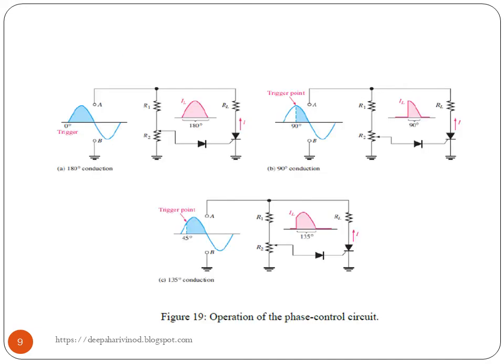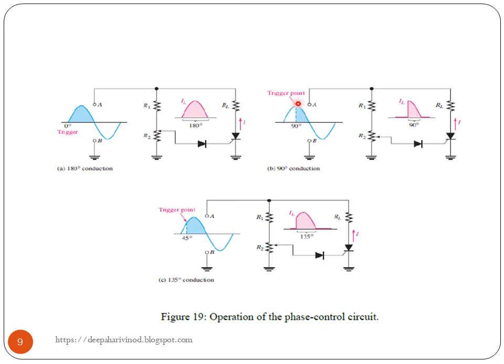Here it is shown that a full sine wave is given, so at 0 degree we are saying that we want to trigger at this point itself. If the resistance is made 0, the full output voltage will be obtained across the load. That is 180 degree conduction. In case of 90 degree conduction, at 90 degree I want to trigger my SCR at this point.